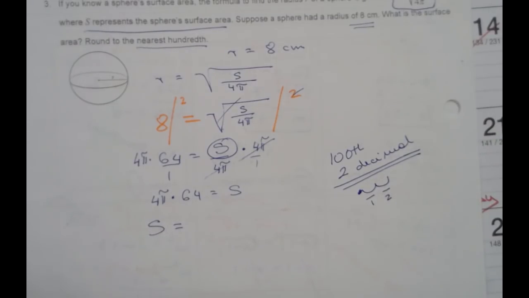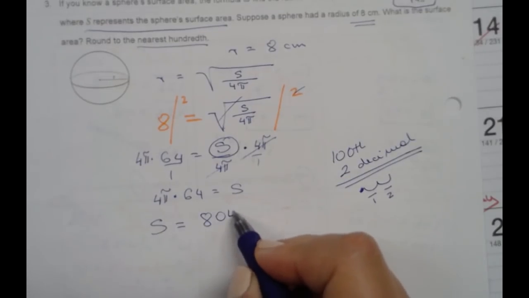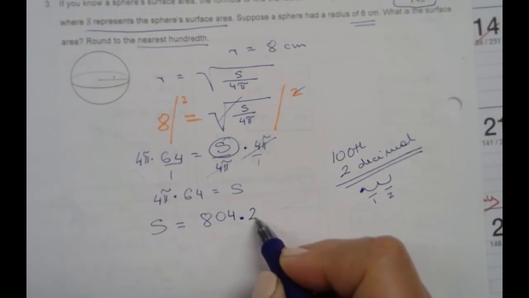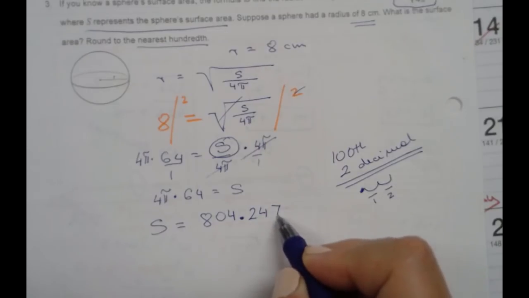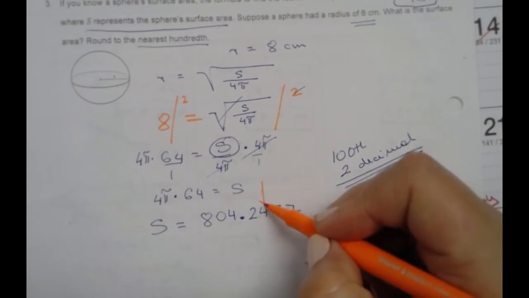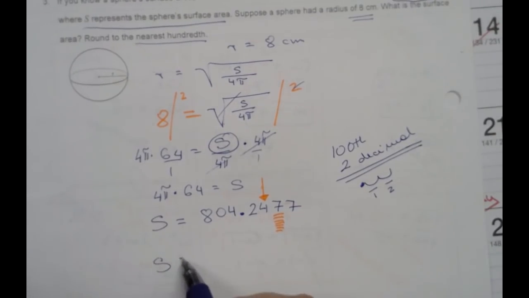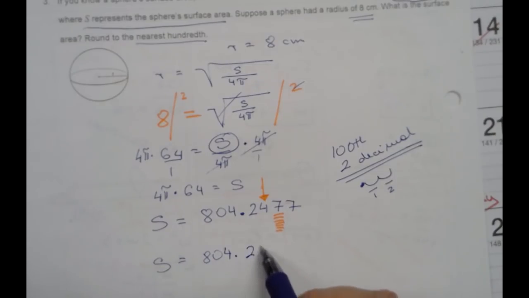So if you did this correctly, you should have gotten 804.2477. And because you're rounding to the hundredth place, this is the place. However, notice that 7 is bigger than 5. So that means that when you're rounding, you would have to round up to 804.25.